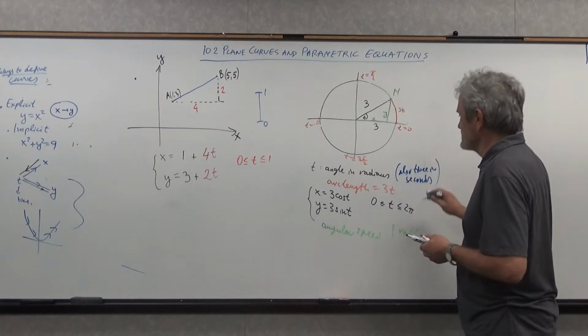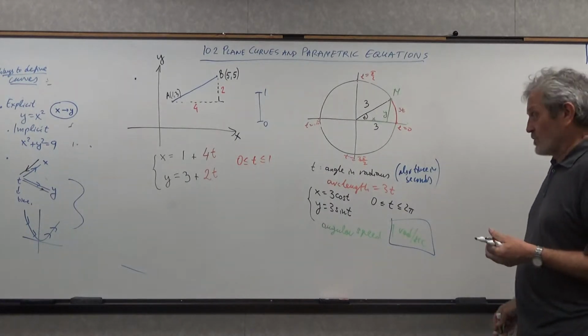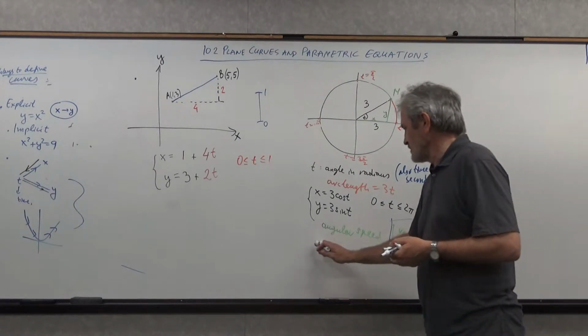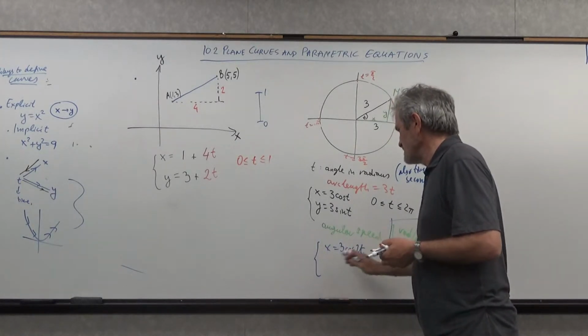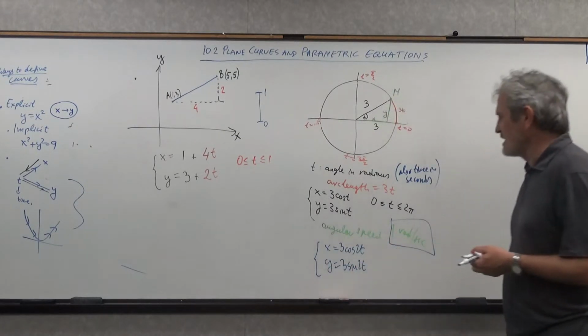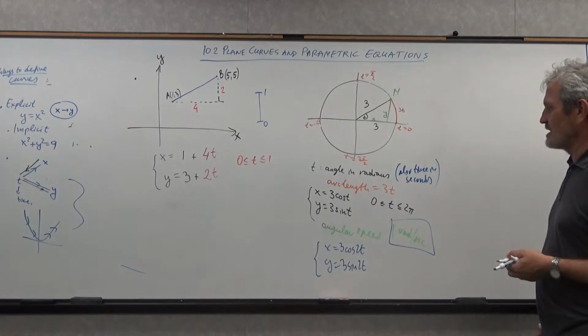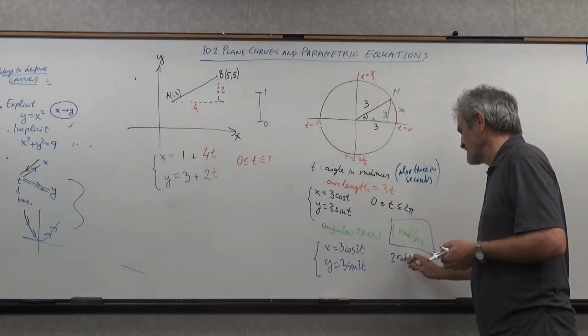So how many seconds, that many radians, that's why I go 1 radian per second. But if you want to go faster, then you can go like this: x equals 3 cosine 2t, y equals 3 sine 2t. This is the same circle, but you cover it twice as fast. So the speed now is 2 radians per second.